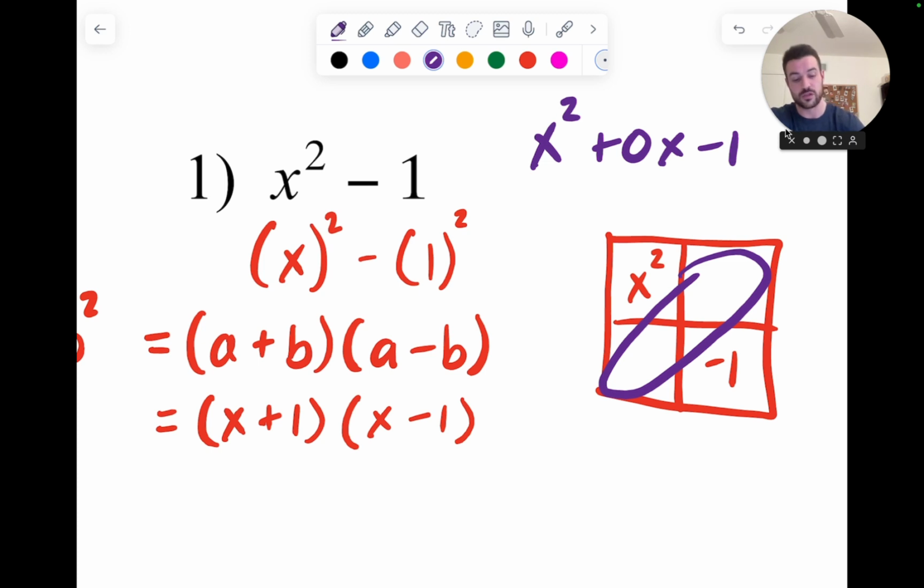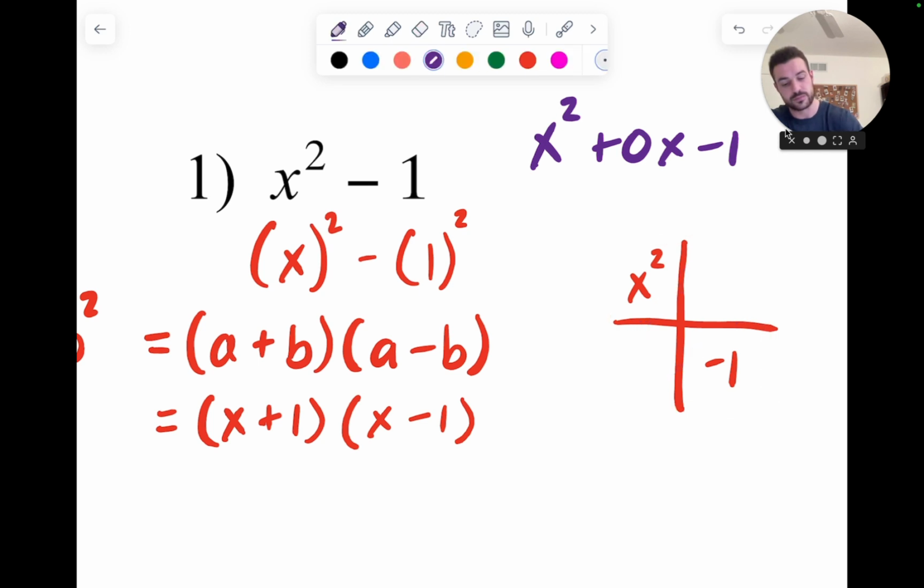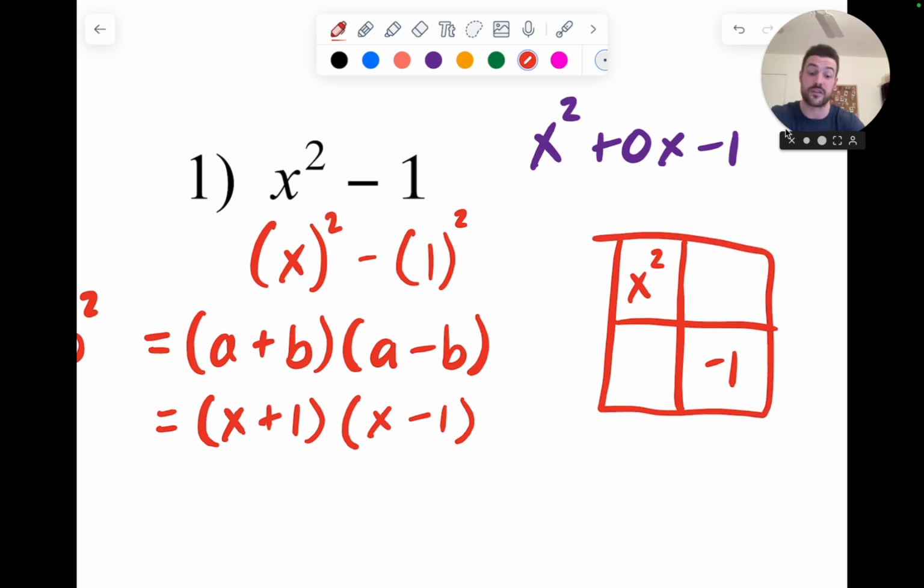I can start to factor this. I need two values that multiply to give us x squared, and I'm going to split that up into x and x. Luckily, the only factors of 1 are 1 and 1.